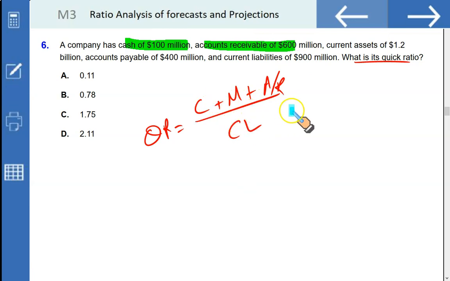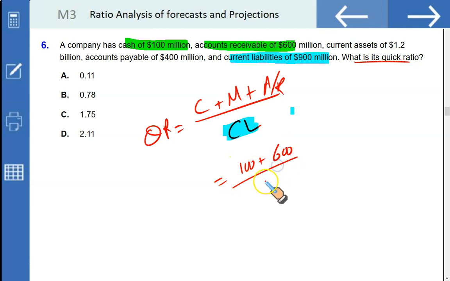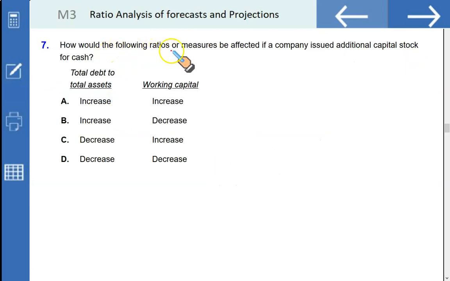And what about the denominator? We have already been given the current liabilities, just use this number and that's all. So cash 100 million, accounts receivable 600 million, current liabilities 900 million. If you simplify this, 0.78. B. How would the following ratios or measures be affected if the company issued additional capital stock for cash?